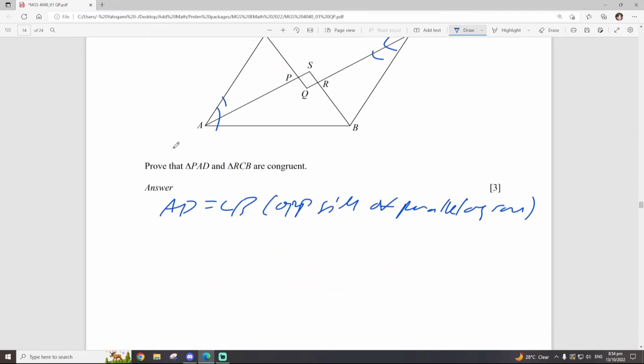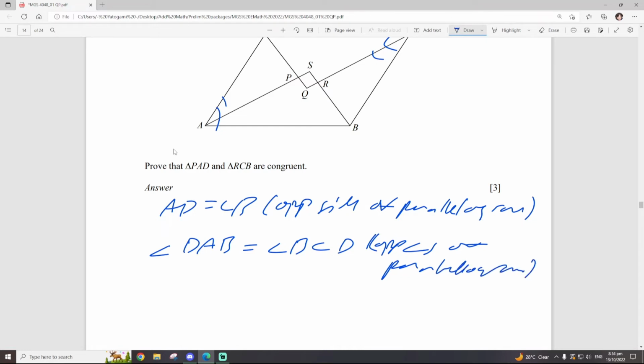Okay. So let's say angle DAB equals angle BCD because of opposite angles of a parallelogram. Okay. And then also angle ABC equals angle CDA for the same reason.